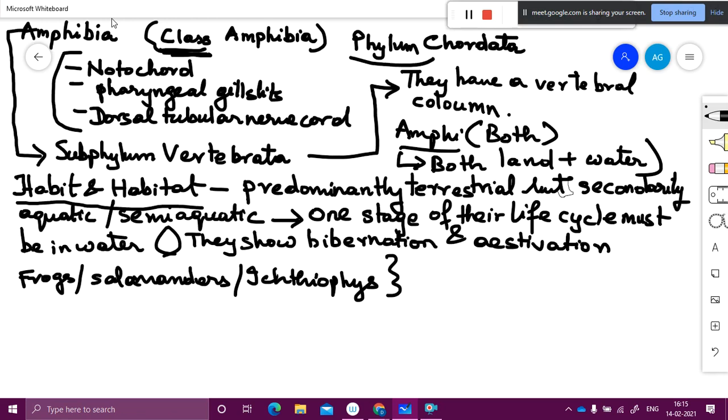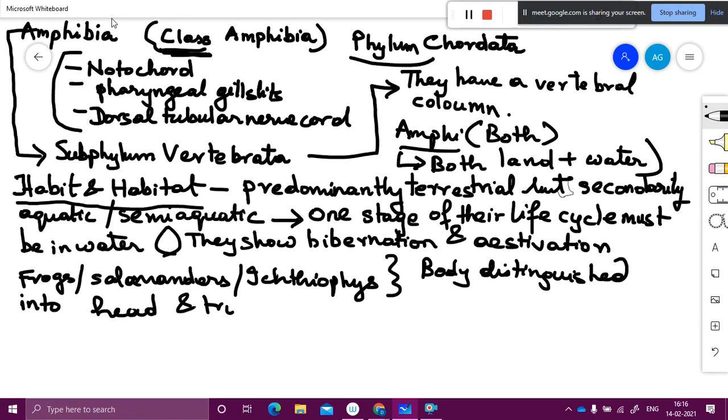They are amphibians. Their body is distinguished into head and trunk. Tail may or may not be present.